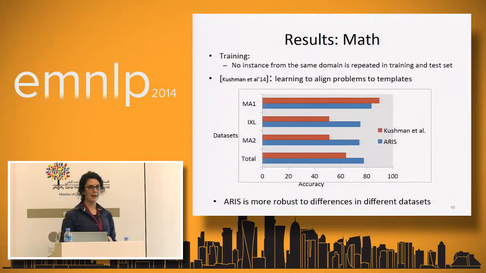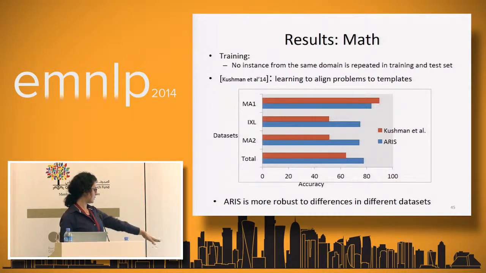This first graph shows the accuracy of our method, as you see, on the x-axis, different data sets. We compared this with the previous work from ACL 2014, and for this set of experiments, what we did was to train on 2 data sets and test it on the 3rd one to make sure that we are robust to diversity of problem types.